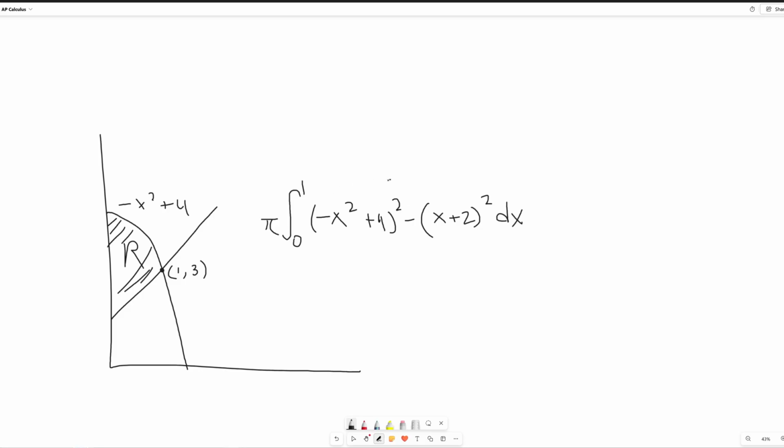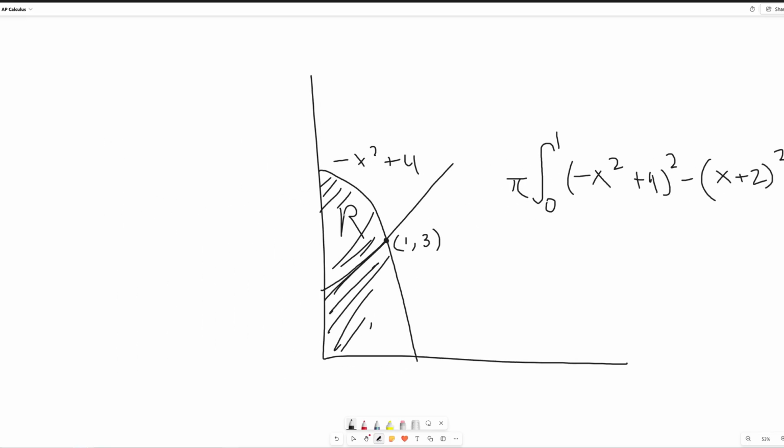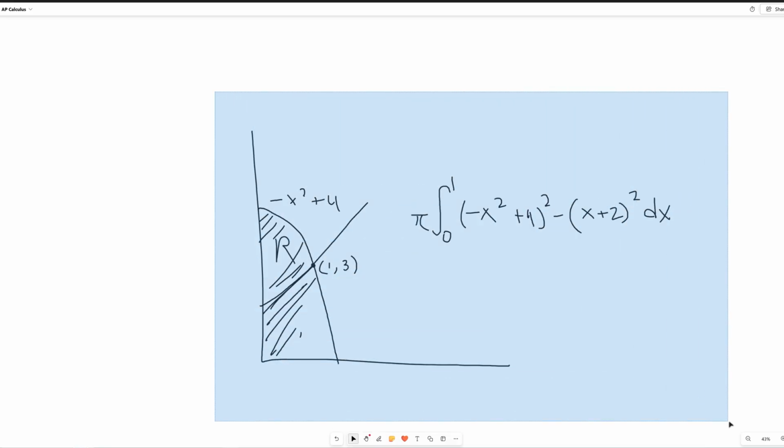So again, we have our disk method here, which is the top disk method, minus our disk method here, which is the bottom disk method. And this would give our answer for this area R rotated about the x-axis.